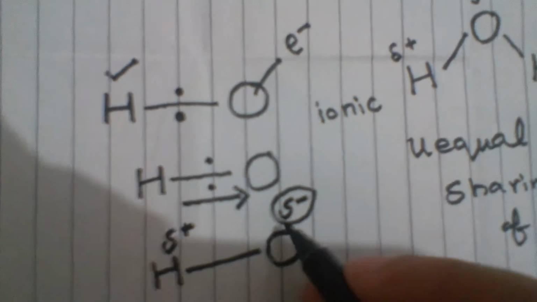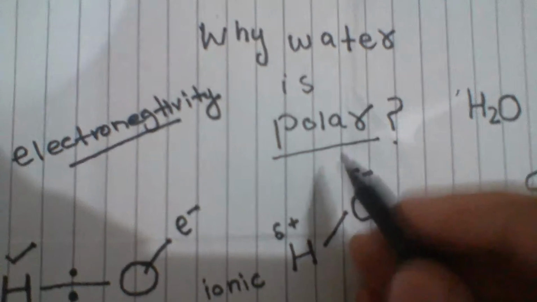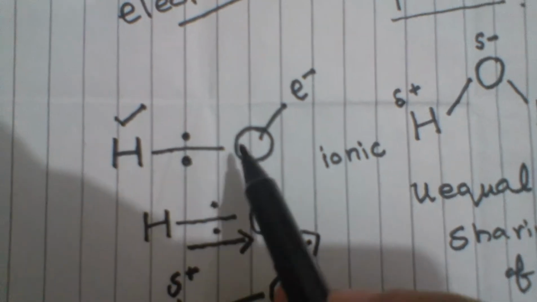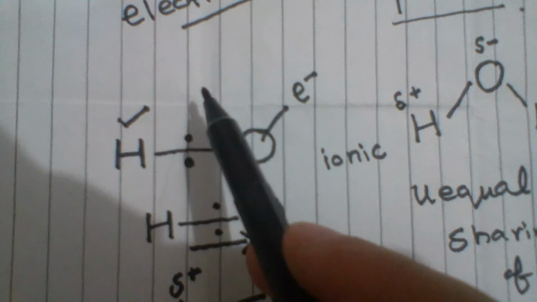So in this case, why water is polar is because in the bond between hydrogen and oxygen, hydrogen and oxygen have different electronegativity.